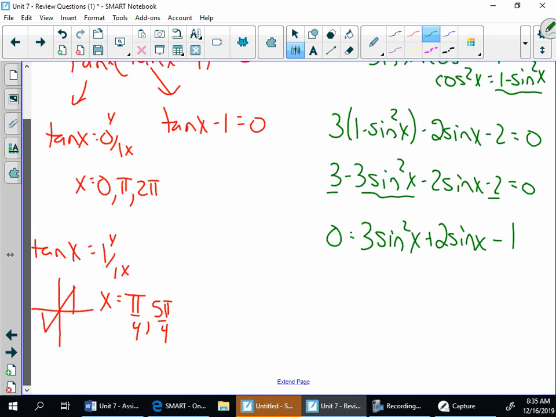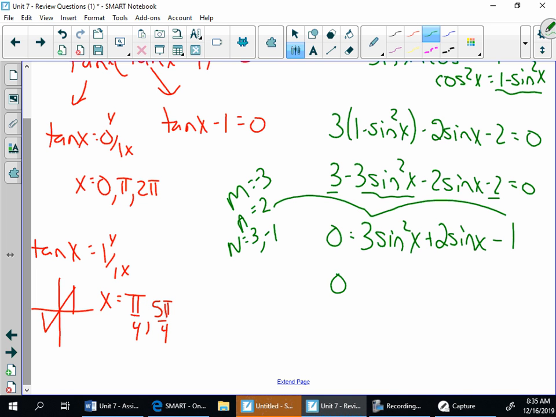This is a complex trinomial. We need things that multiply to negative 3 and add to 2. Our numbers are 3 and negative 1. Because it's complex, we got to write out in steps.